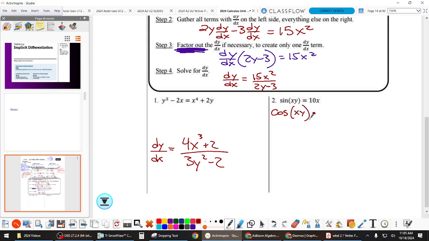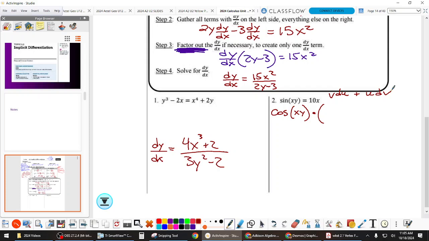And then times. Now we have two things going on. Yeah, product rule. Good. Okay. So product rule, remember v du plus u dv dx, but in this case we have a y.